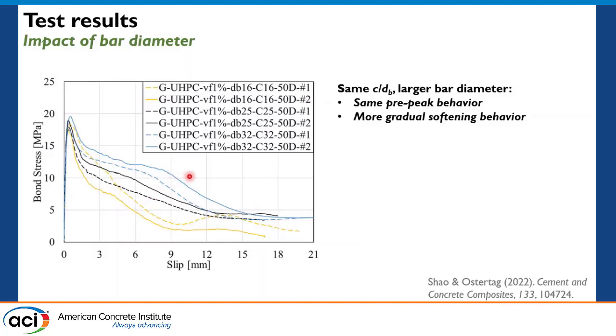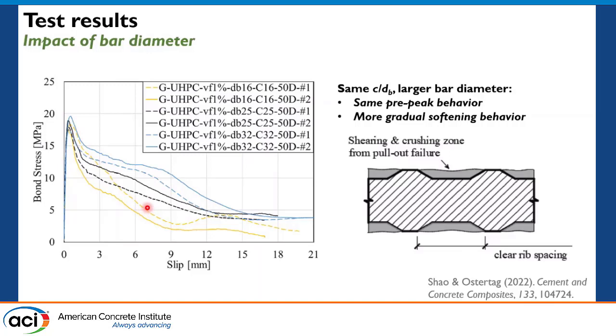With the same cover thickness to bar diameter ratio, we find the pre-peak performance was similar across all specimens, but with larger bar diameter, such as the blue line here, the post-peak performance was more gradual than the specimens with smaller bar diameter.